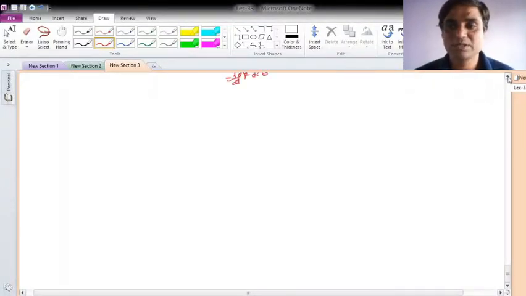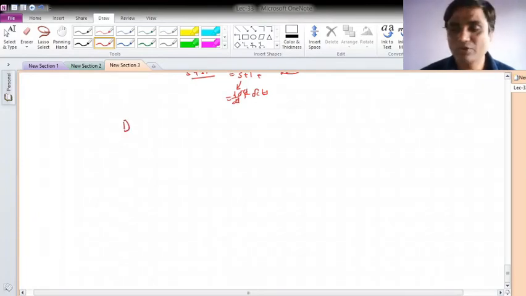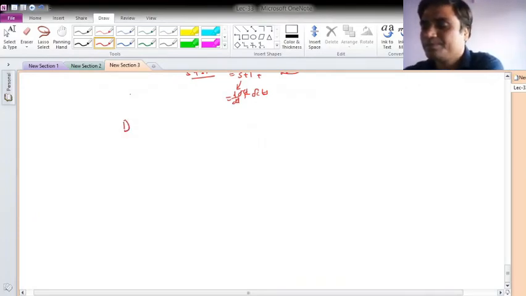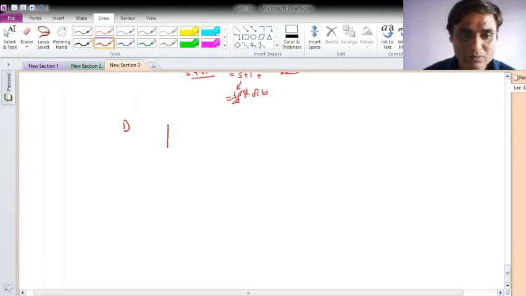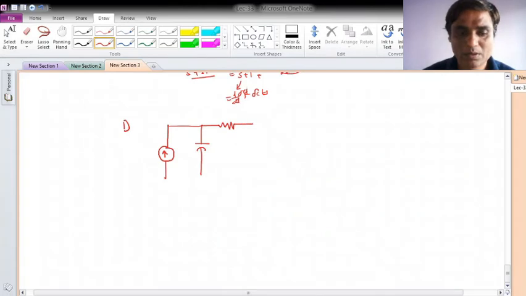Okay, with this, let us take one example from FAQ. Suppose I have a circuit which consists of a current source, then a capacitor, a resistor, and then an inductor.